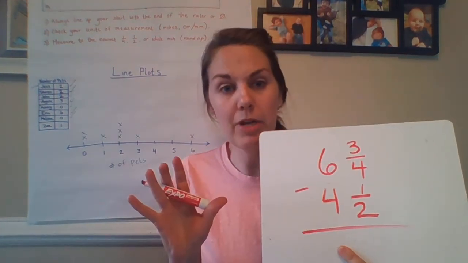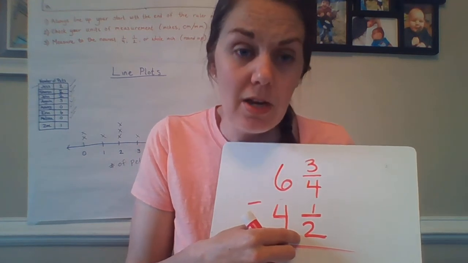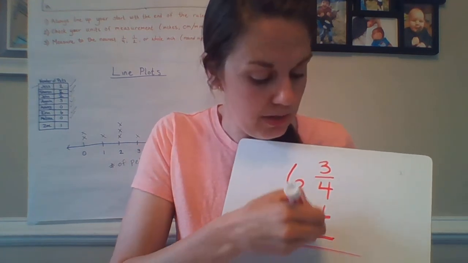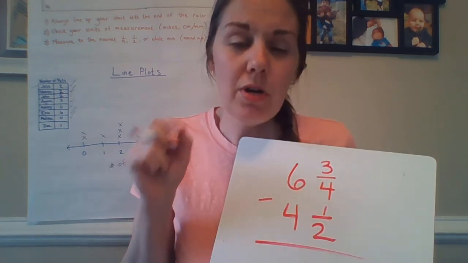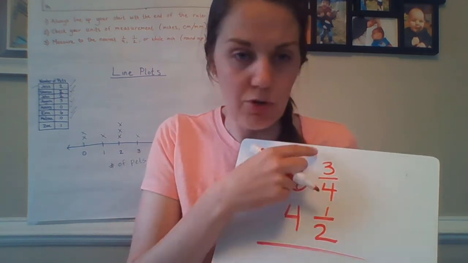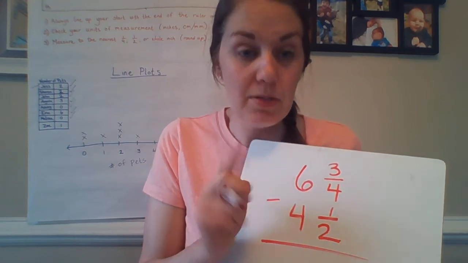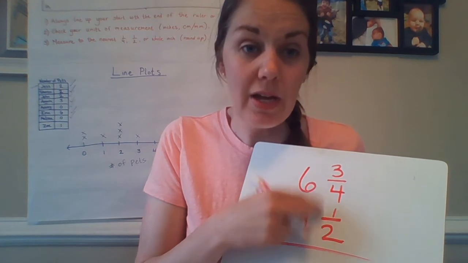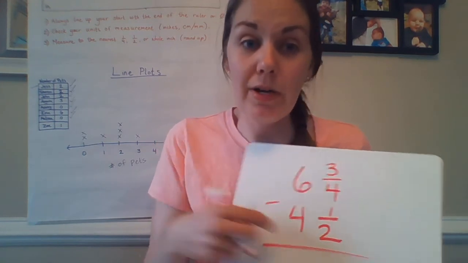Now, we've got to put on the brakes, because I notice right away that my fractions do not share the same denominator. And so when you do not have the same denominator, it makes it really hard to compare your fractions. So our first step is going to be to convert one or the other into a corresponding fraction.